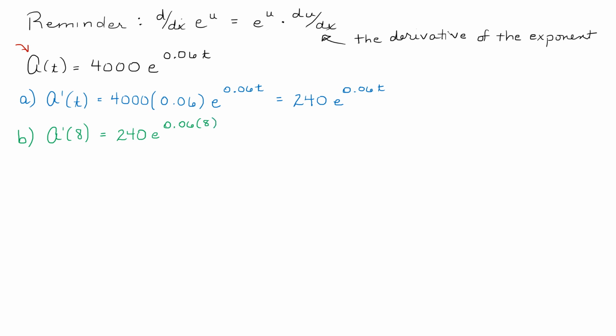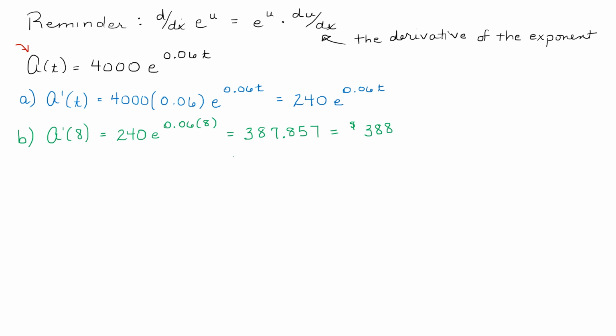It does want it rounded to the nearest dollar, and the nearest dollar is the whole number. So we come up with 387.857 and more, but when we round it to the nearest dollar, we come up with 388. So pay attention to rounding.